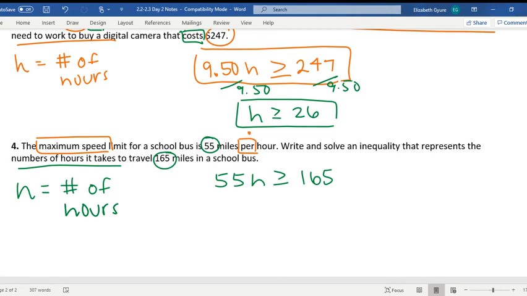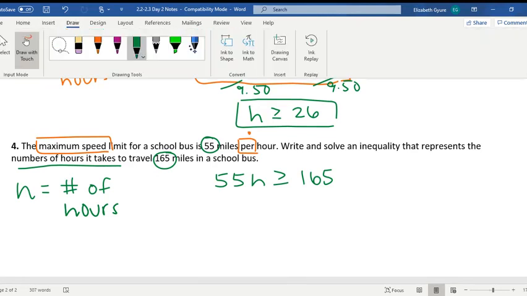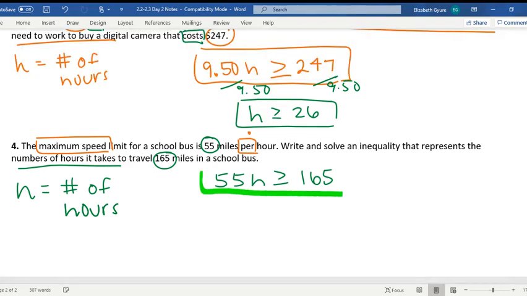And this one's tricky because it has to do with speed. So this is part of your answer. What makes this one tricky is 55 miles an hour is your maximum speed. You might be going slower than that. So technically what we're finding here is our least amount of time it would take to get to 165 miles.